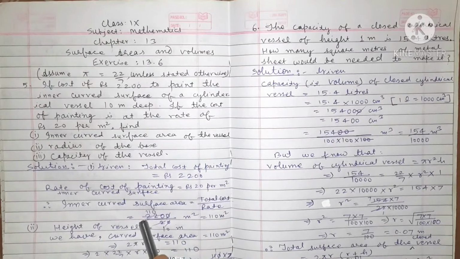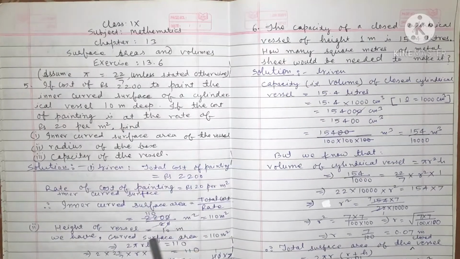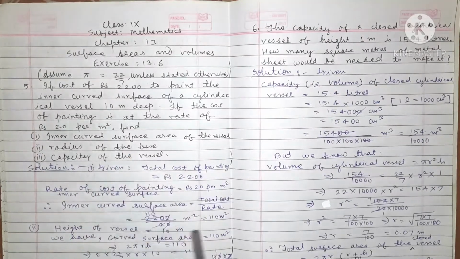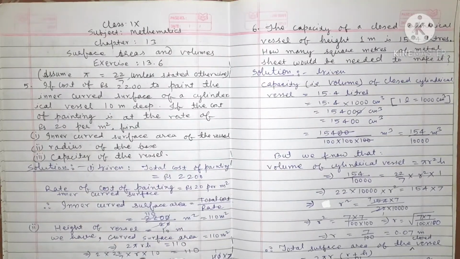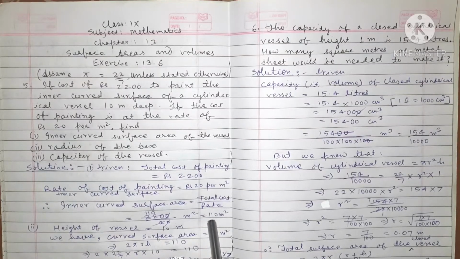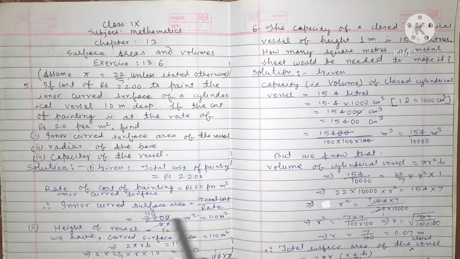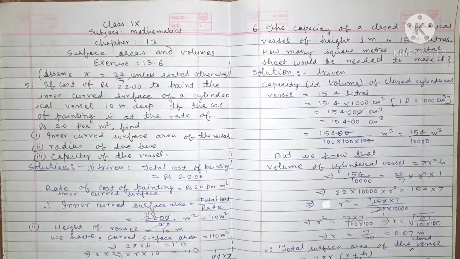This equals 2200 divided by 20 meter square. 0 and 0 cancel, 2 1s are 2, 2 11s are 22. This equals 110 meter square. This is the inner curved surface area, the answer of the first part.